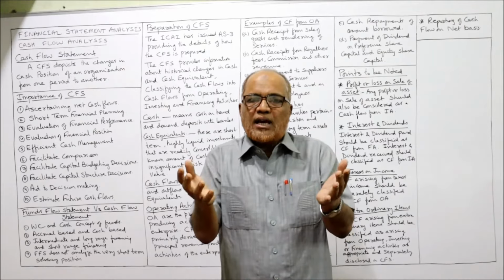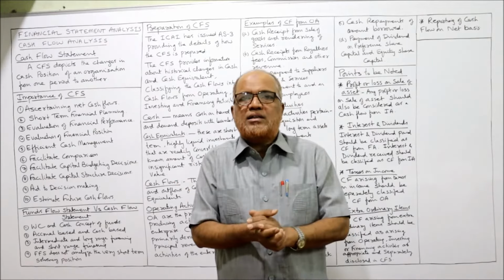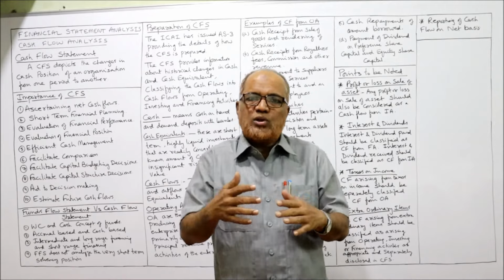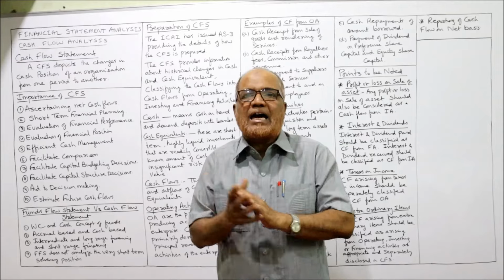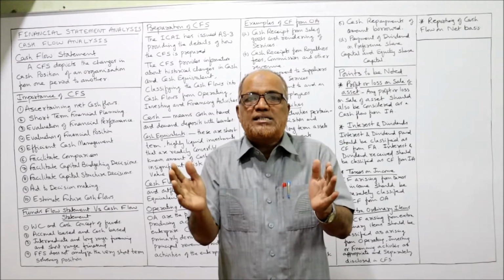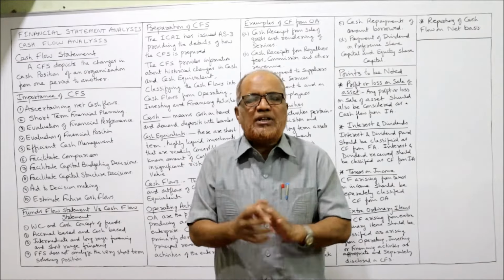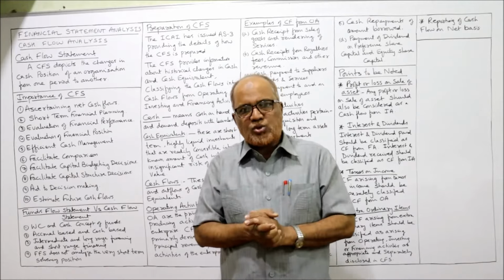That means what the cash inflows and outflows are from operating activities, from investing activities, and from financing activities. We categorize them in the cash flow statement. That is the difference between cash book and cash flow statement.